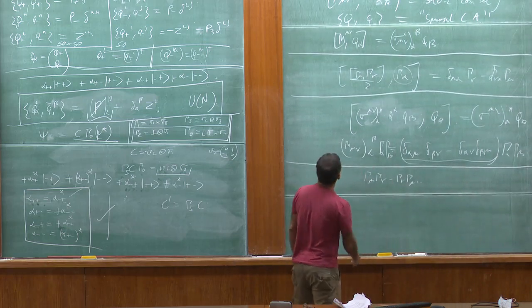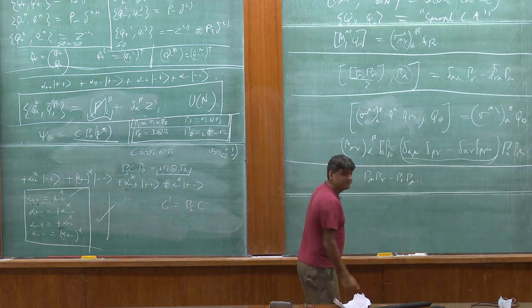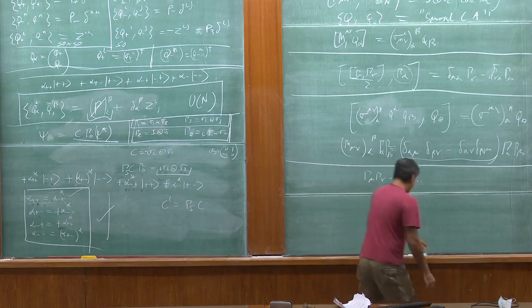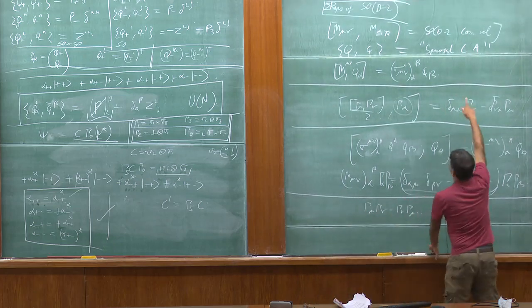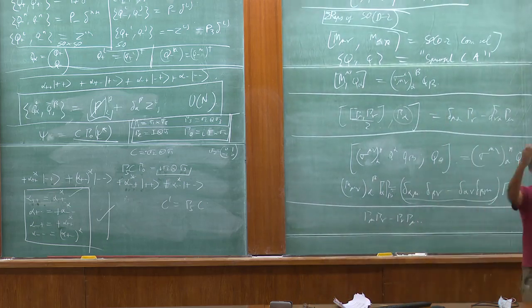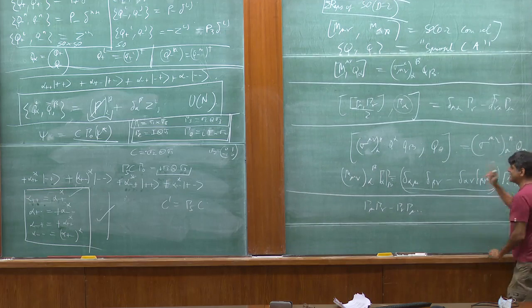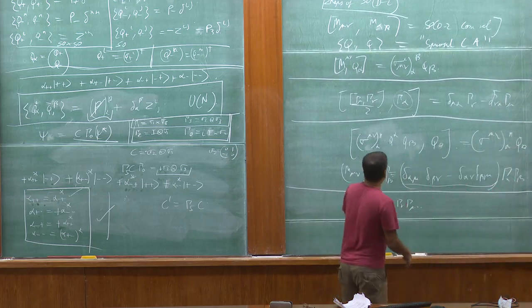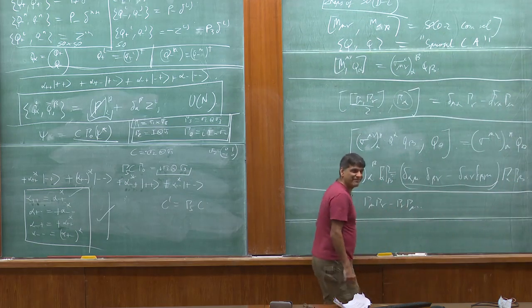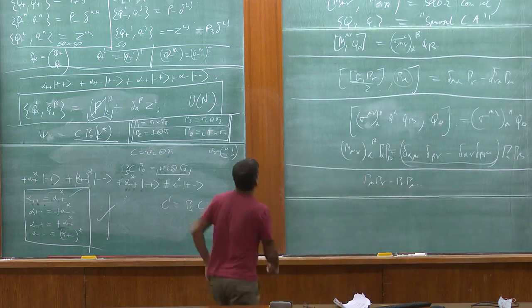Okay. Therefore, we can now do something quite interesting. So q's contract to give what? To give 1 basically, because we've rescaled the q's with p plus. So it's just 1. Now we can do something quite interesting.